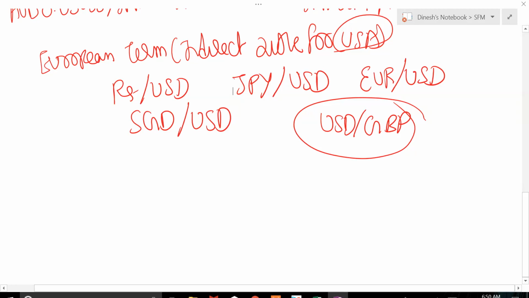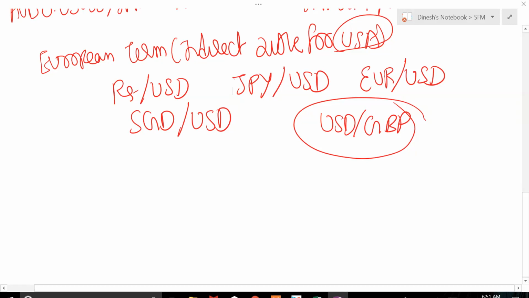It hardly matters. There are different ways of giving a question. I can say that the exchange rate between USA and GBP is 1.2. Just this alone I tell. Now you interpret by the normal rules which I have told you. The normal rule says all quotes except pound are going to be indirect mode in USA.